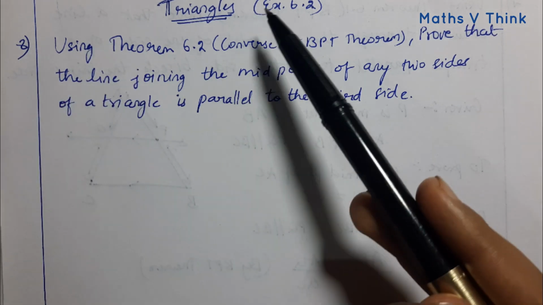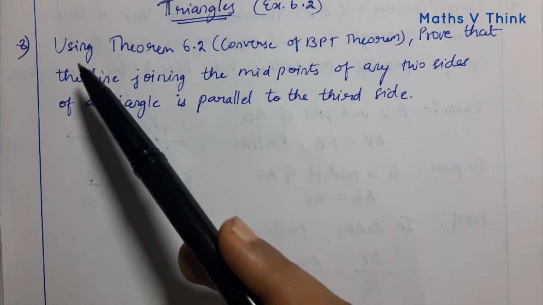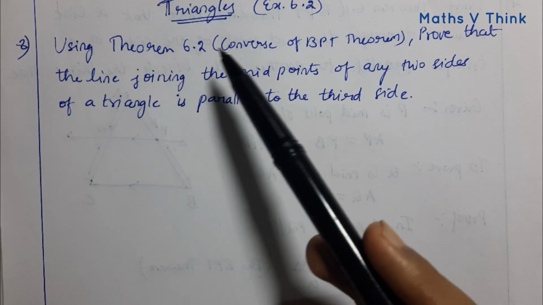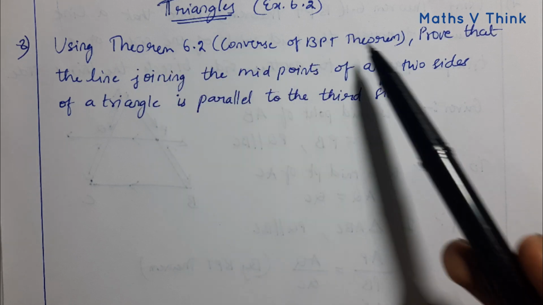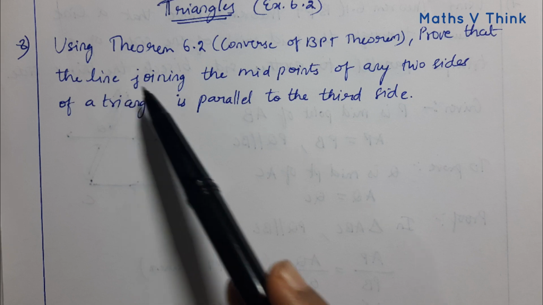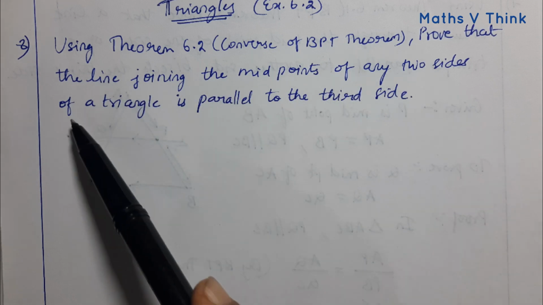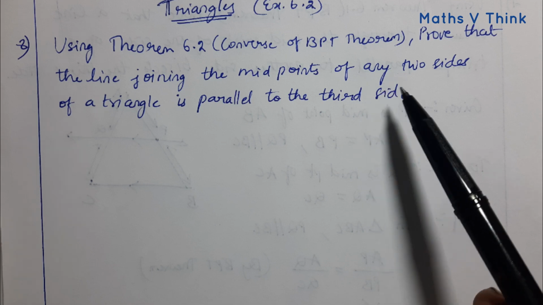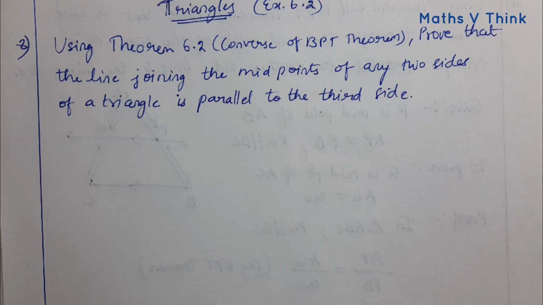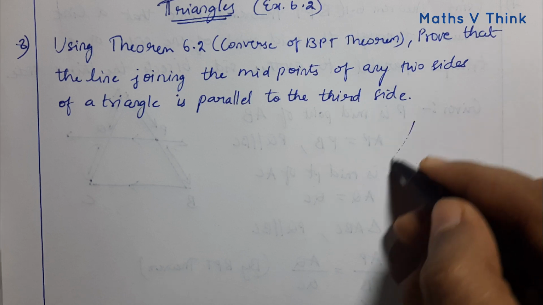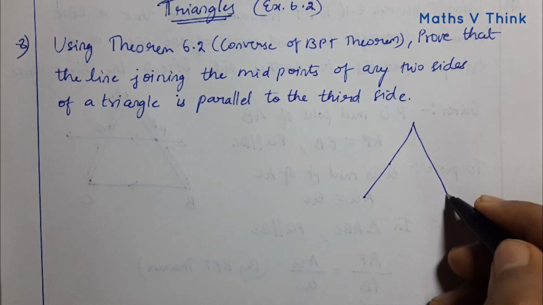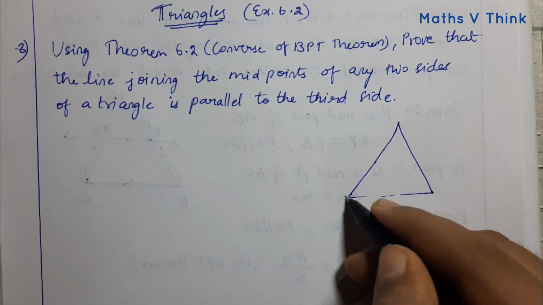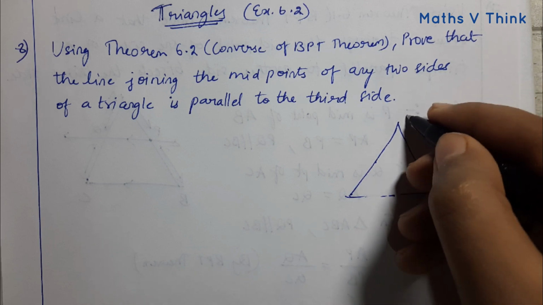The 8th sum of exercise 6.2 says, using theorem 6.2, that is the converse of the BPT theorem, prove that the line joining the midpoints of any two sides of a triangle is parallel to the third side. In the question, first we'll draw the diagram. So, let's take a triangle ABC.